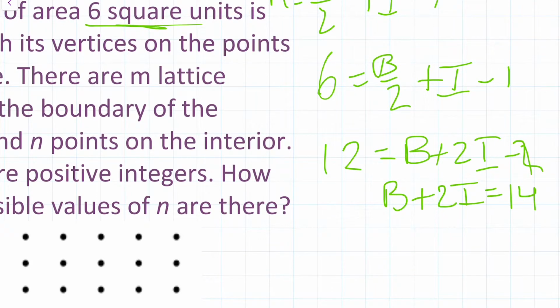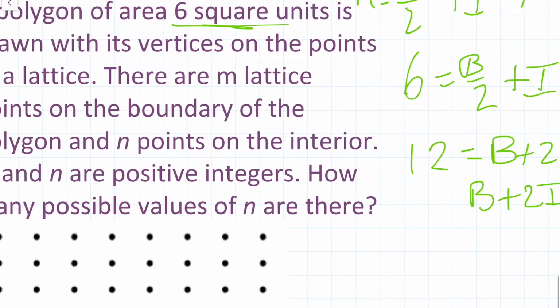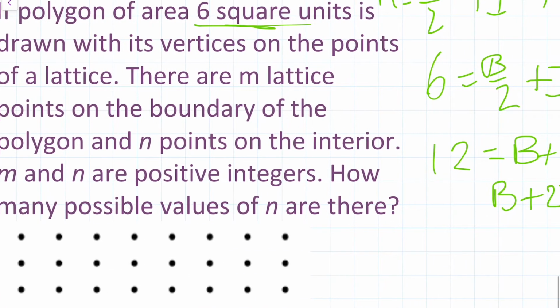So we have this, and then we need to find the cases which would work for how many possible values of n.